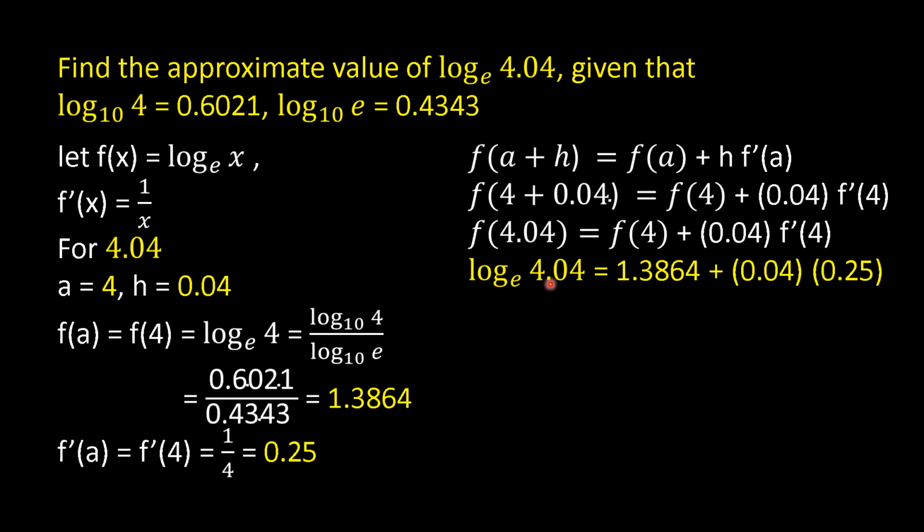So log 4.04 to the base e will be 1.3864, replacing the value for f of 4, plus 0.04 multiplied by 0.25, because f dash 4 is 0.25. 0.04 multiplied by 0.25 is 0.01.